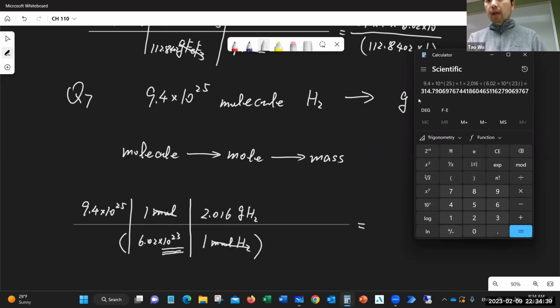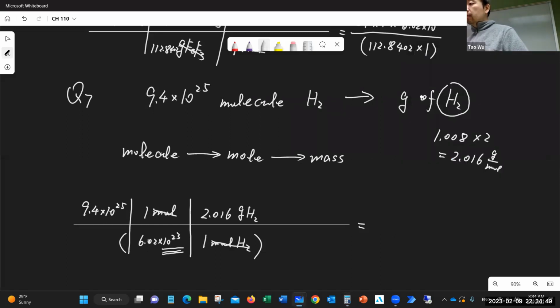And here, that's going to be the answer: 314.8. And this unit is in gram, because here you see the leftover unit is in gram. This is how many grams of hydrogen we have over here.